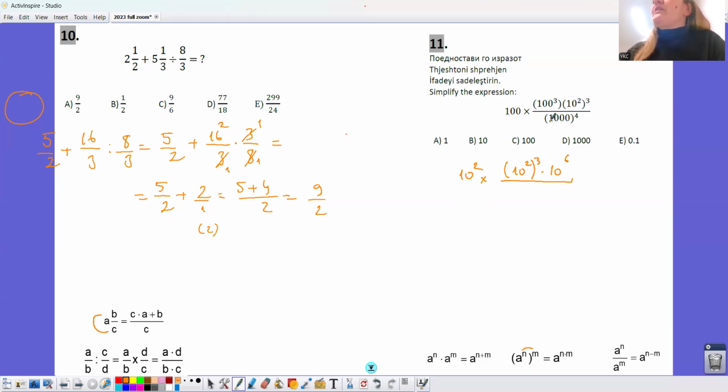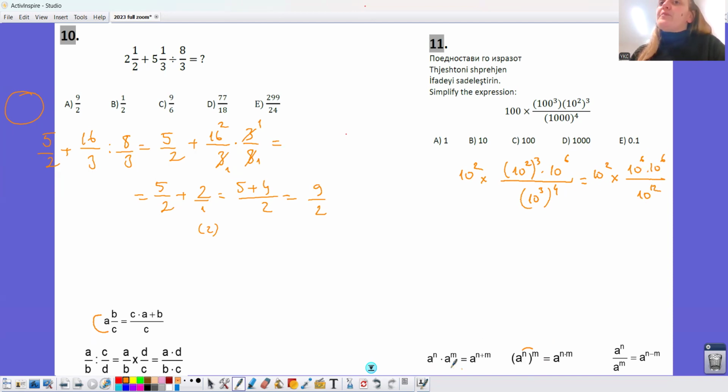Here inside of the parenthesis I have 1000, which means 10 cubed and then to the power of 4. So it will become 10 squared times, here I have again power of power, second property. So it will become 10 to the power of 6 times 10 to the power of 6 over 10 to the power of 3 times 4, 12.